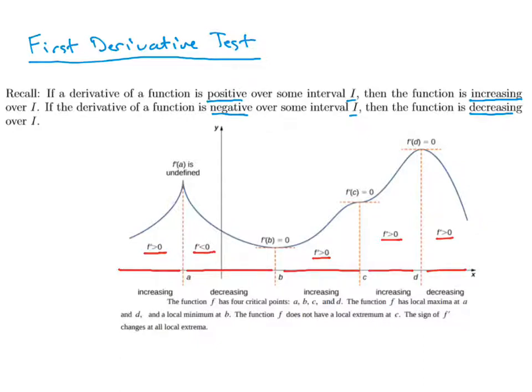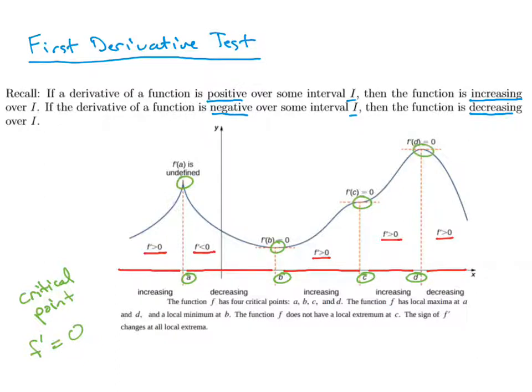All of the points A, B, C, and D on the graph, we call these critical points. Remember, a critical point is whenever the derivative of the function is equal to 0. So at each of these points, the derivative is equal to 0.